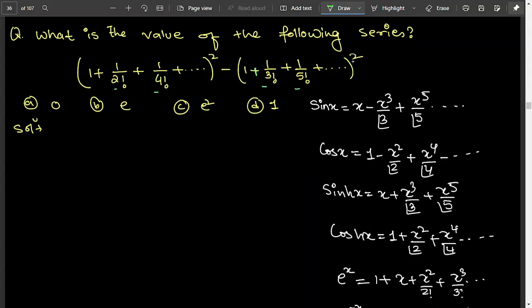Okay, so in this case I can see the form of this looks like this, which can be represented as a plus b and a minus b. Fine.